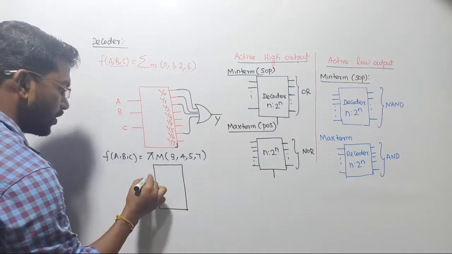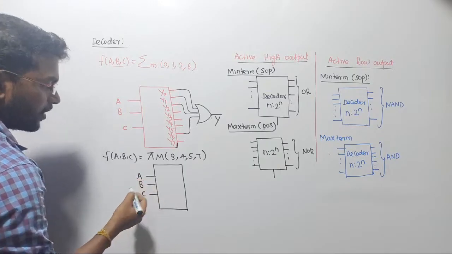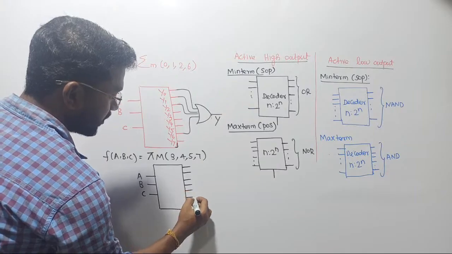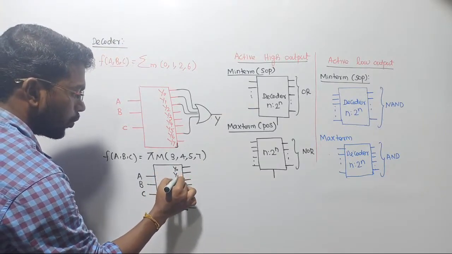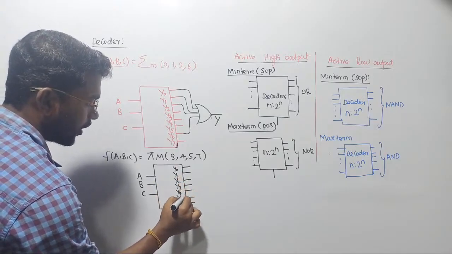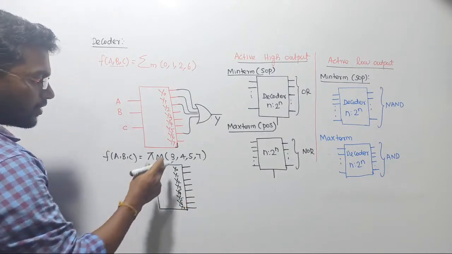So the input lines are once again going to be 3 lines. We are going to consider A, B, C, and the output lines are going to be 1, 2, 3, 4, 5, 6, 7, 8, and the corresponding variables are going to be Y0, Y1, Y2, Y3, Y4, Y5, Y6, Y7. Clear? Yes. Let's see how to implement. 3, 4, 5, 7.